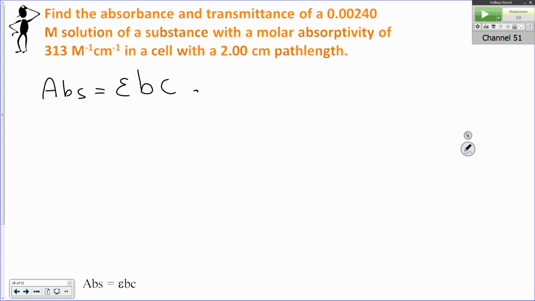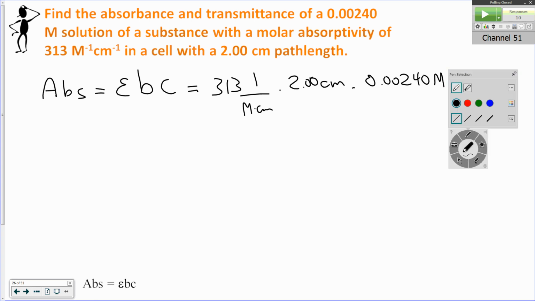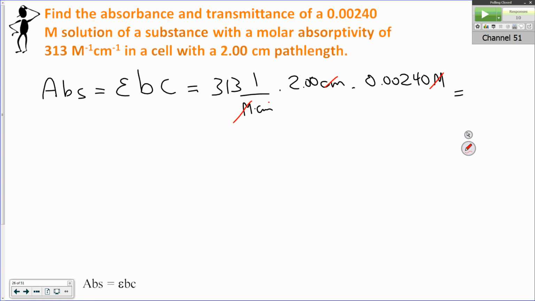And what do I have of those? The molar absorptivity is 313 inverse molar, inverse centimeters, times the path length. It's a 2 centimeter cell. Times the concentration. If I look at what happens to units, molarity cancels out, centimeters cancel out.